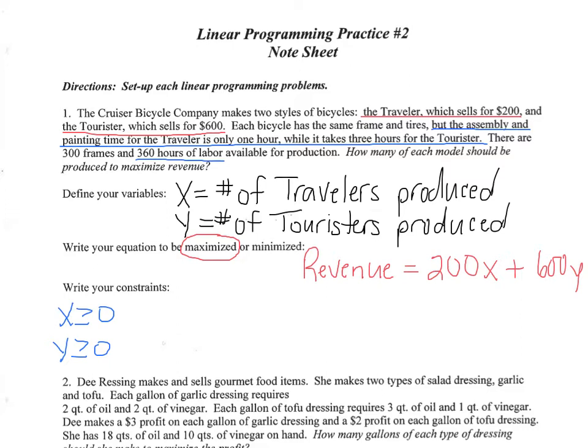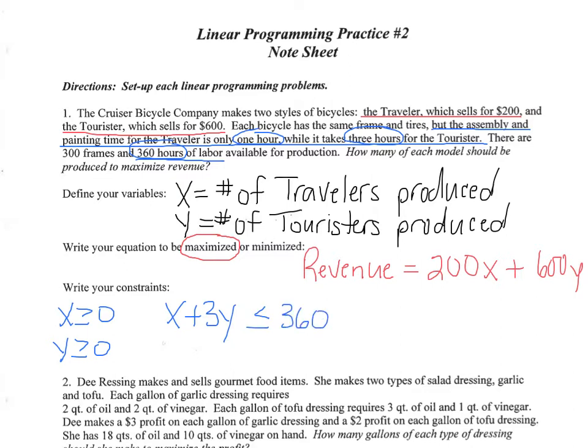So the things that I underlined in blue, the 1 hour and 3 hours and 360 hours, go together in a constraint. 1 hour for a Traveler, 1x. And 3 hours for a Tourister, so plus 3y. I can only use 360 hours or anything less, so less than or equal to 360.